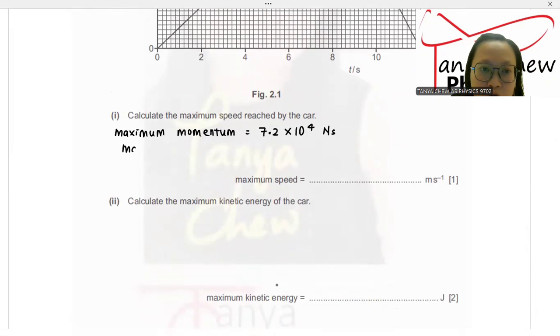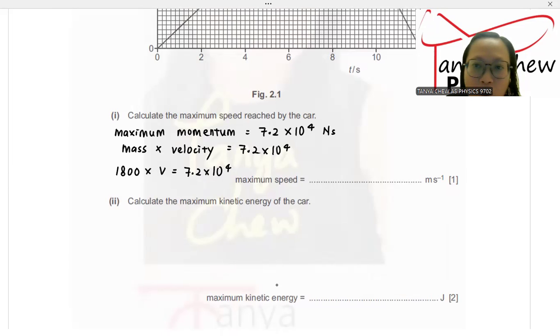And still recall how to calculate momentum, right? Momentum is equal to mass multiplied by velocity. Velocity is just related to direction, right? If you want to find the speed, just ignore the direction, which is equal to 7.2 times 10 to the power of 4. Mass is given as 1,800 multiplied by v. I put it as speed. v is equal to 7.2 times 10 to the power of 4 divided by 1,800.